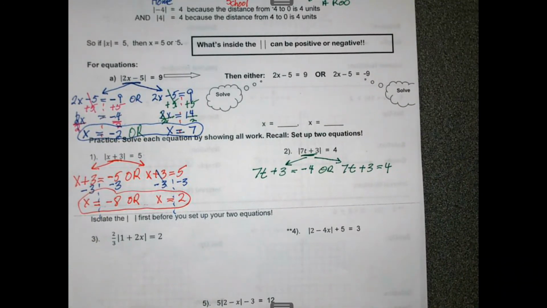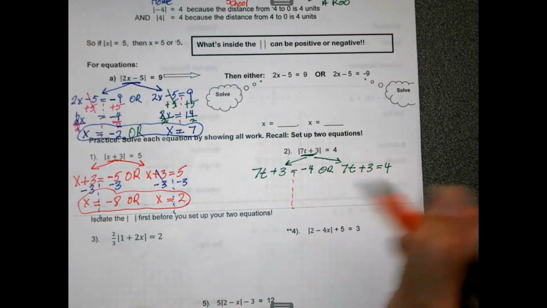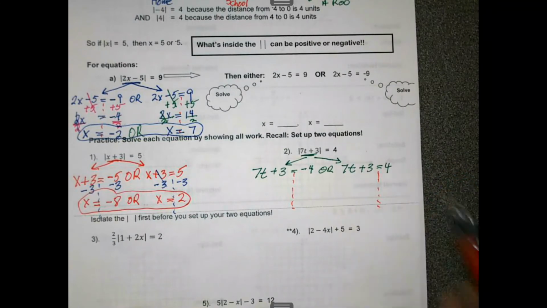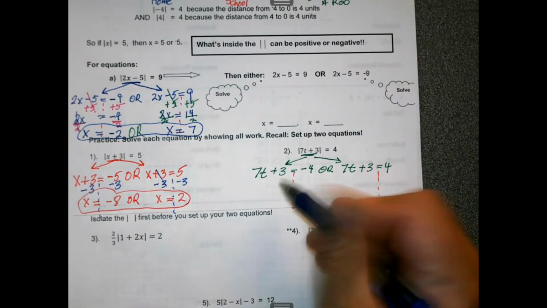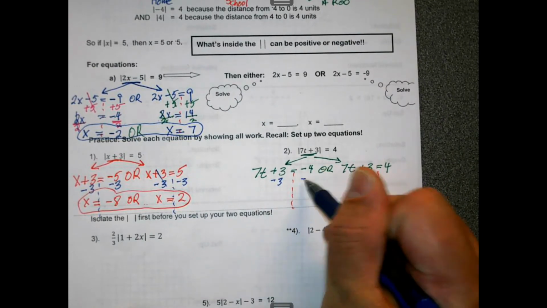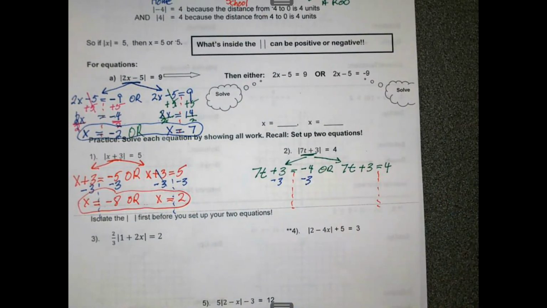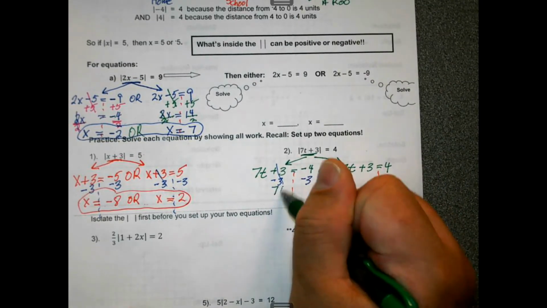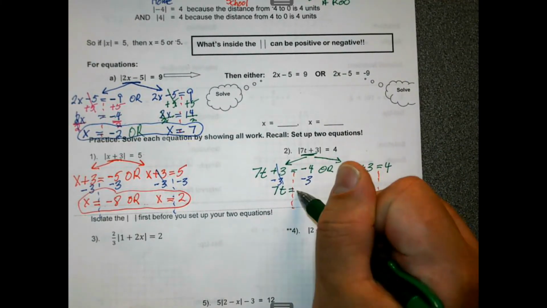Solve each one. Let's see, I'm going to subtract 3, which gives me 7t equals negative 7.